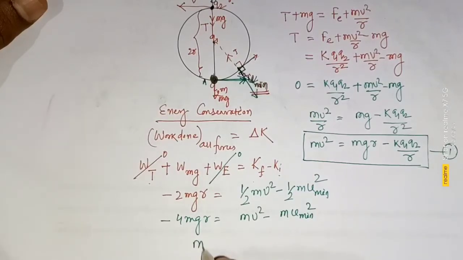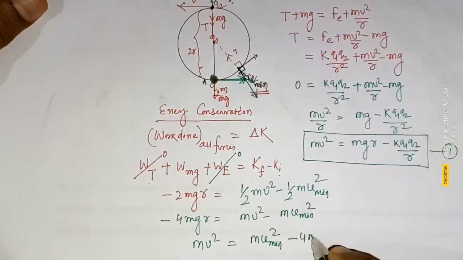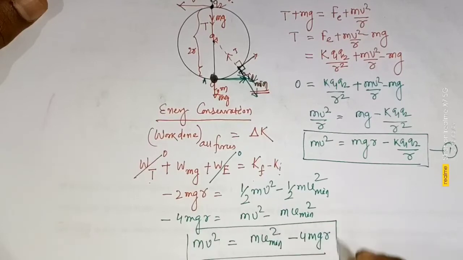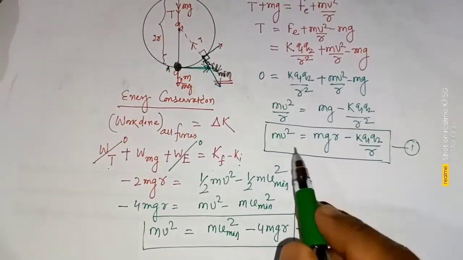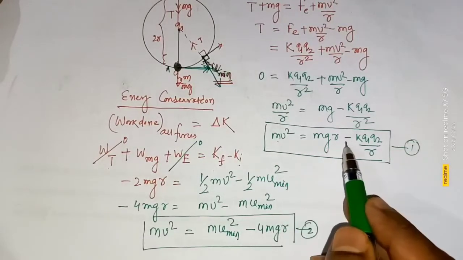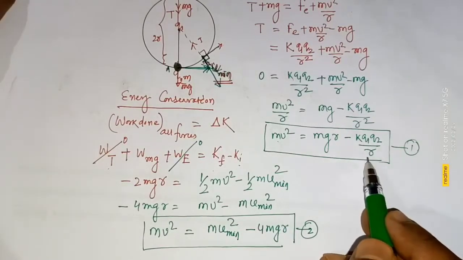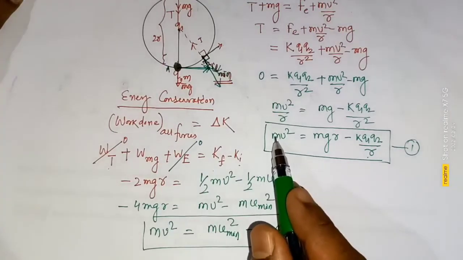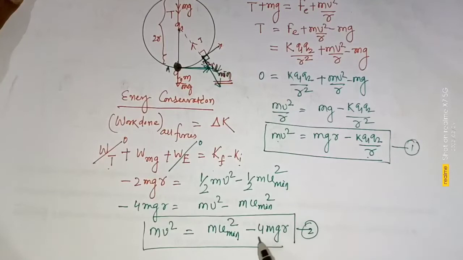So what is the answer? mv square is m u minimum square minus 4mgr. This is my equation 2. Look at these two equations. This one is mv square equals mgr minus kq1q2 upon r square, and this is the other. Both LHS are the same, so I can compare these two equations.